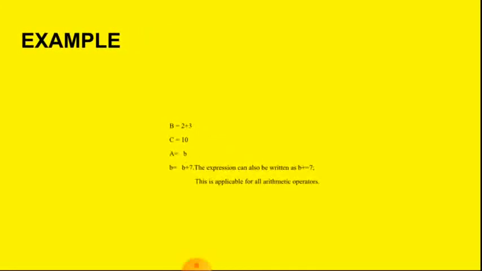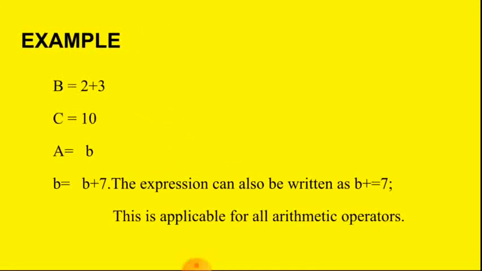Example: b equal to 2 plus 3, c equal to 10, a equal to b, b equal to b plus 7. The expression can also be written as b plus equal to 7. This is applicable for all arithmetic operators.